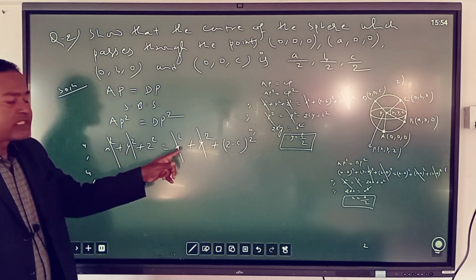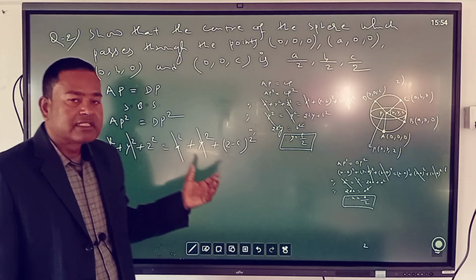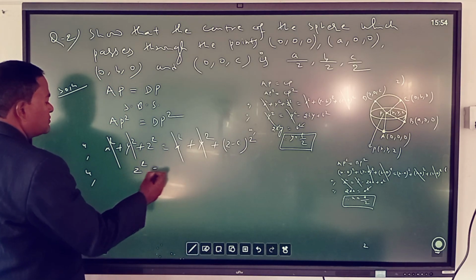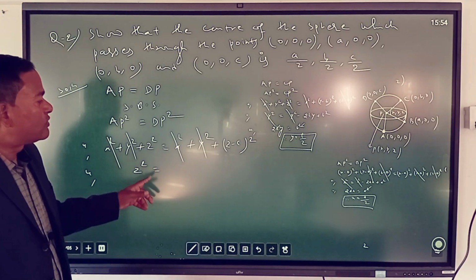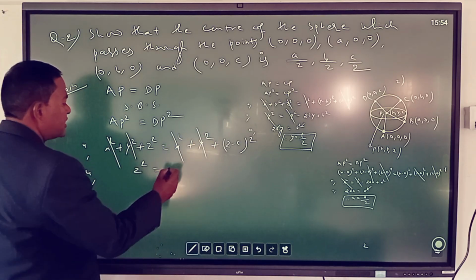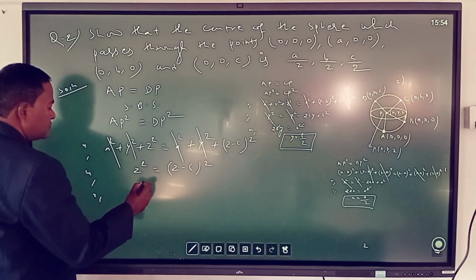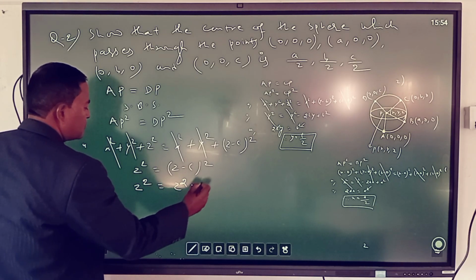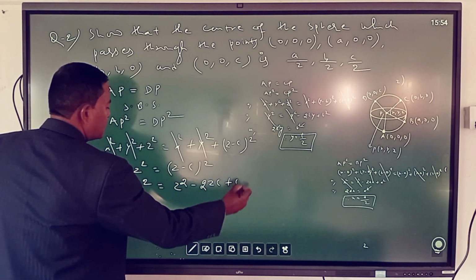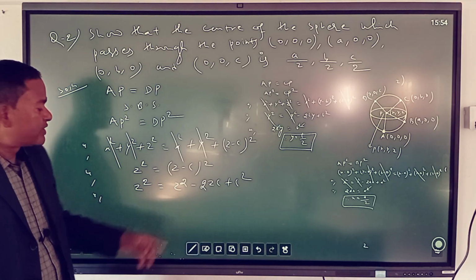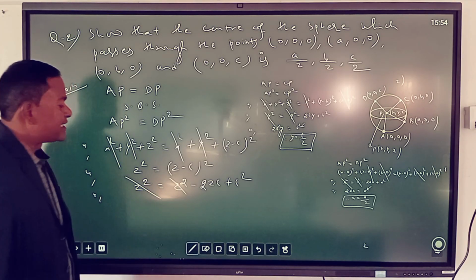x square and y square, both sides they are same, so we can cancel. Then we get z square equals z minus c whole square. So dear student, now z square and z square both are same, again cancel.